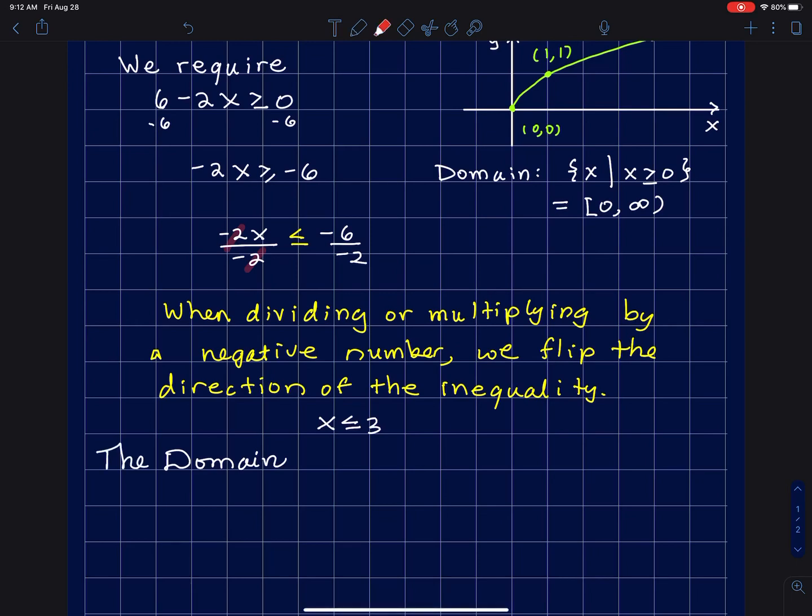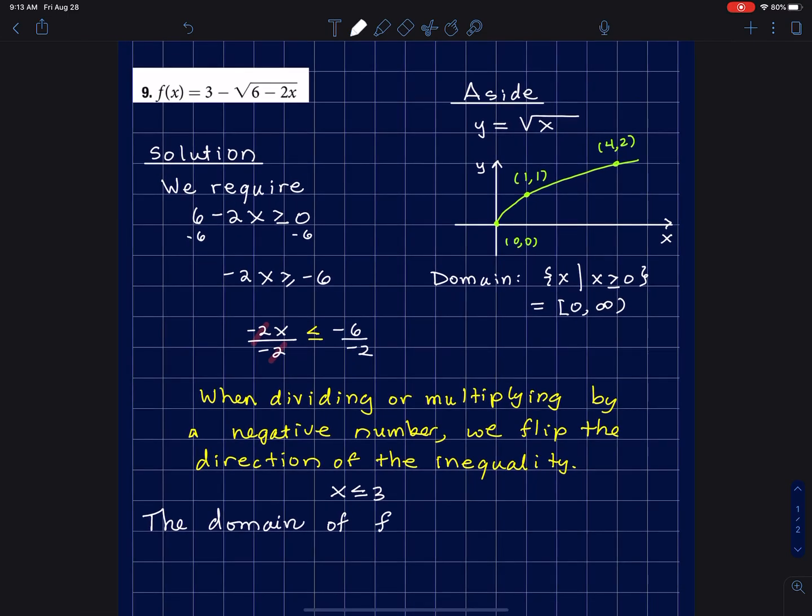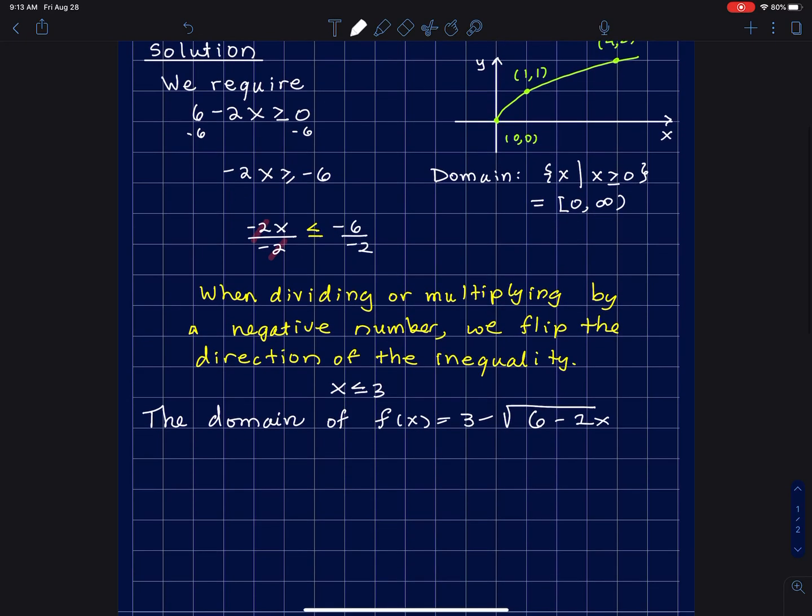The domain of f of x equals 3 minus radical 6 minus 2x is the set of all x such that x is less than or equal to 3.